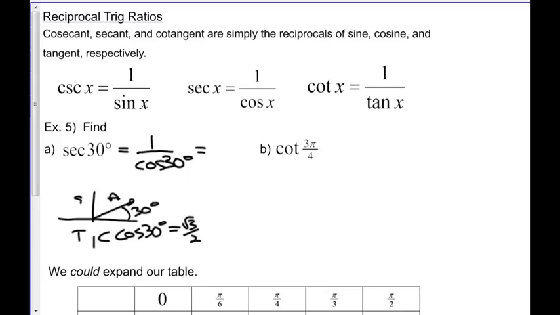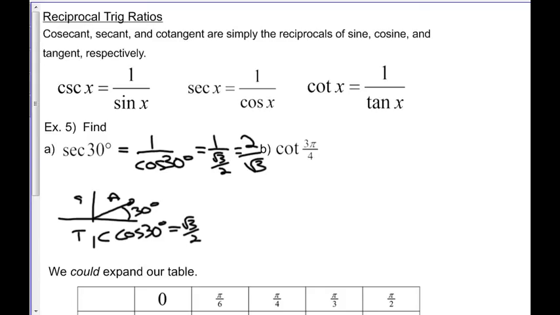So secant of 30 is just 1 over root 3 over 2. Now that hurts your brain to see that. But when we're doing 1 over that, basically what we're looking at is the reciprocal. So we're calling this 2 over root 3.